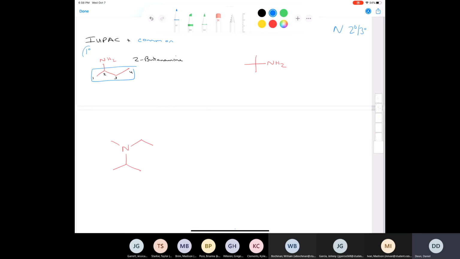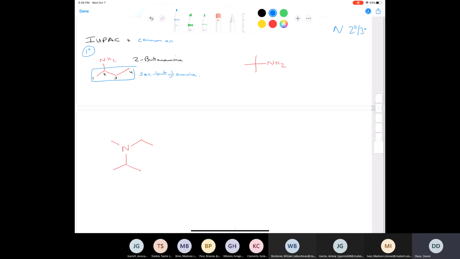This is a primary amine, so we don't have to use any of those prefixes. It's not a butyl, not an isobutyl, not a tert-butyl. It's a sec-butyl, so the common name would be sec-butylamine.